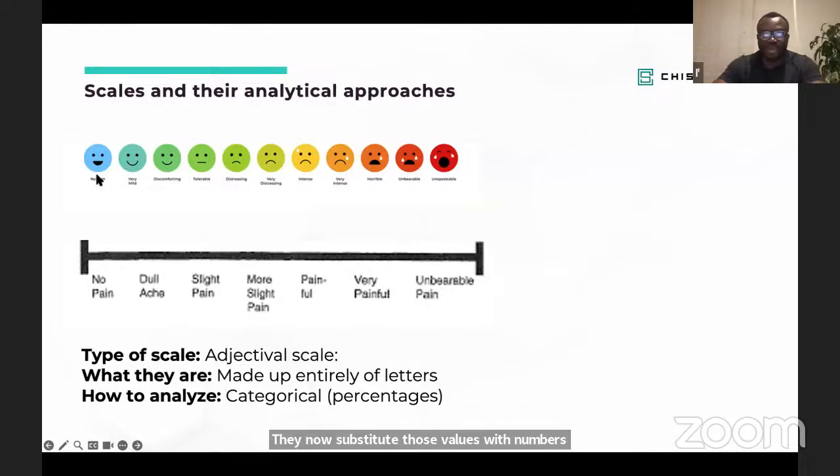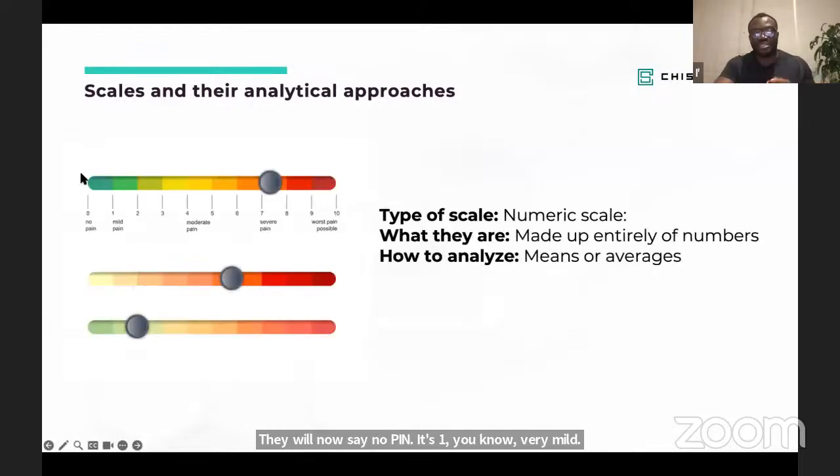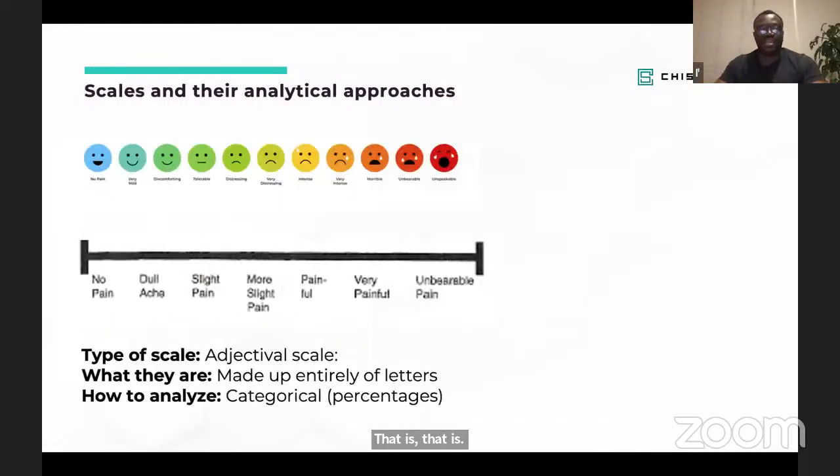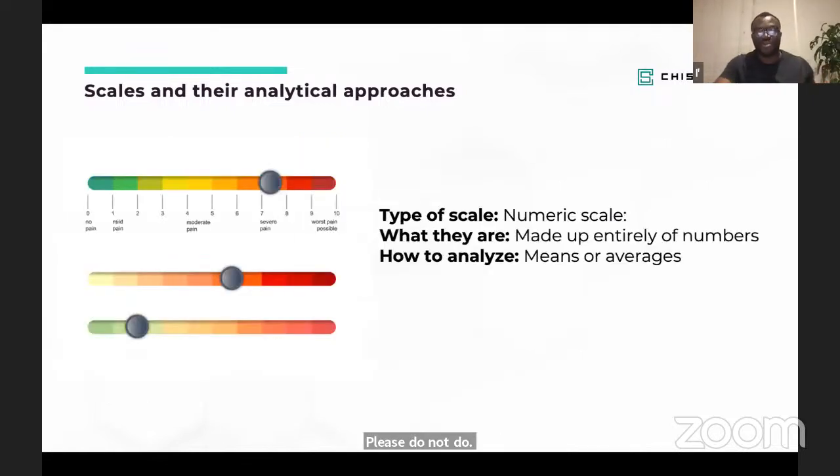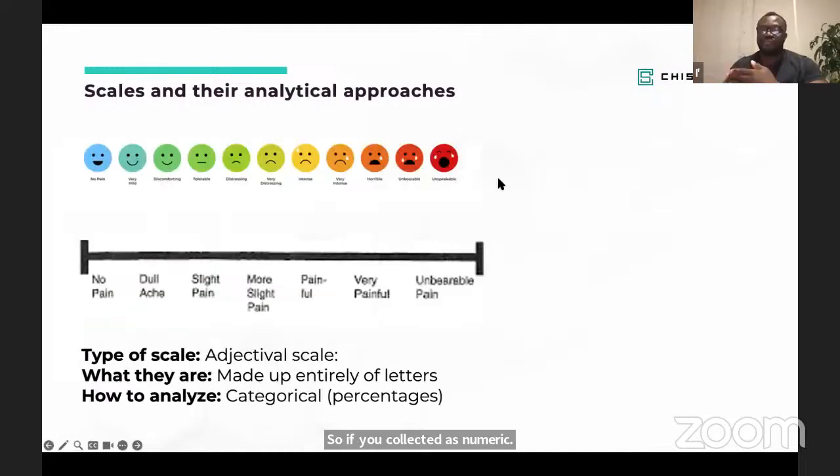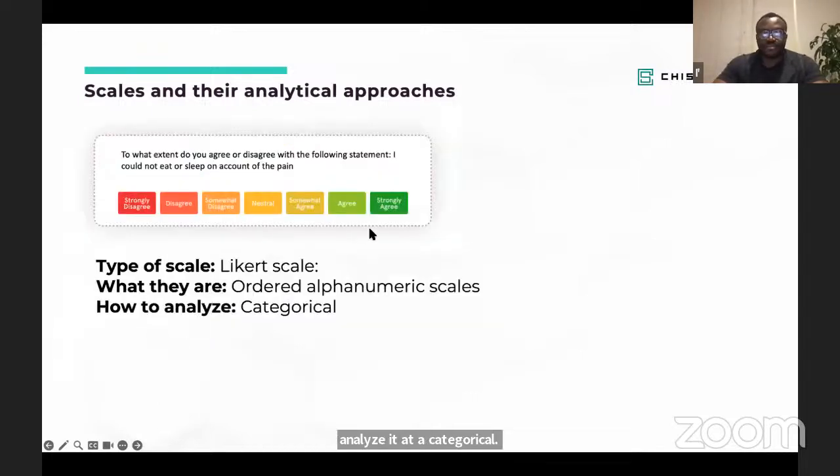They will say no pain is 1, very mild is 2, and then analyze it as though it was collected originally like that. That doesn't make sense. Please do not do that. You have to analyze the data the way it was collected. So if you collected it as numeric, you analyze it as numeric. If you collected it as adjectives, you have to analyze it as a categorical variable, right? So those will be adjectival scales.